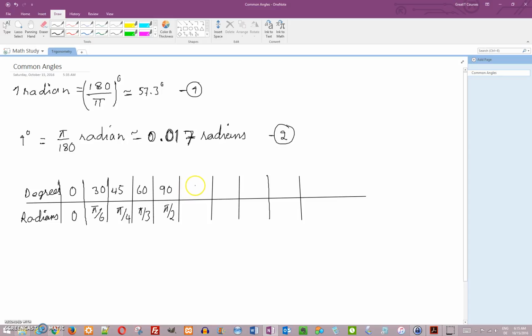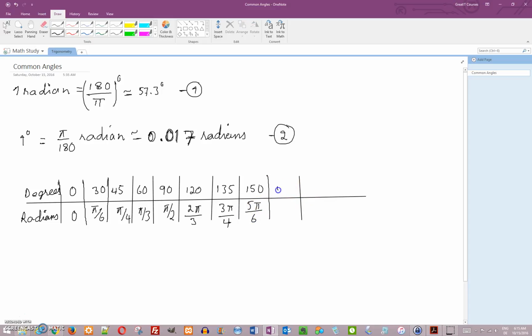Then you have 120 degrees, which is 2 pi by 3 radians. Next we have 135 degrees, which is equal to 3 pi by 4 radians. And 150 degrees, which is 5 pi by 6 radians.